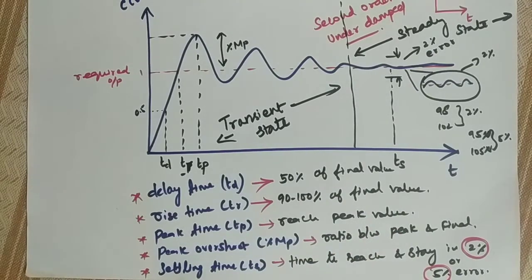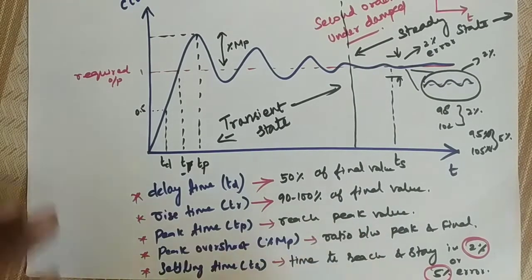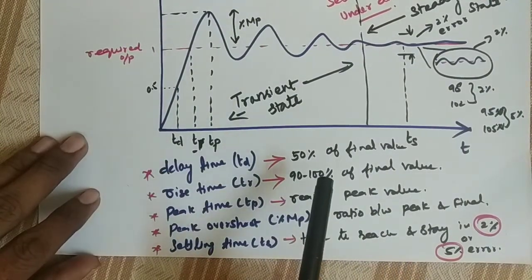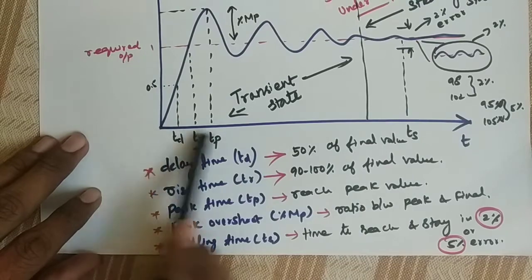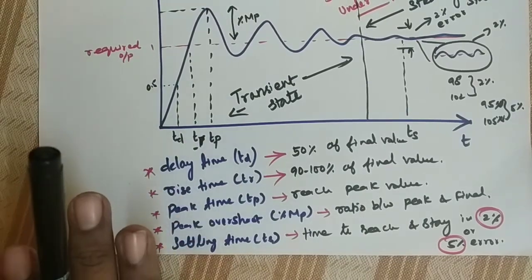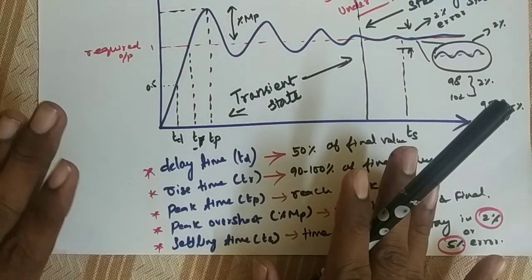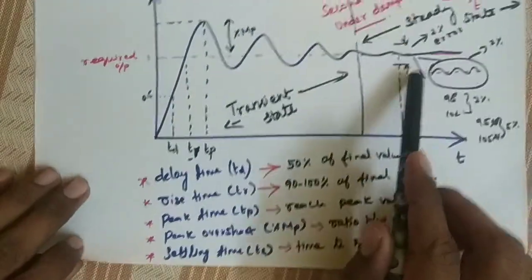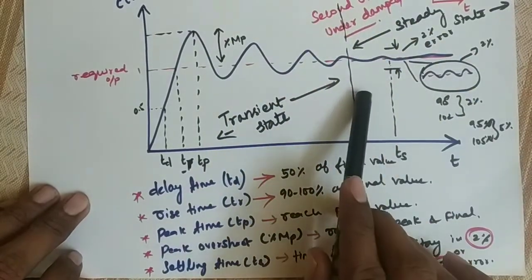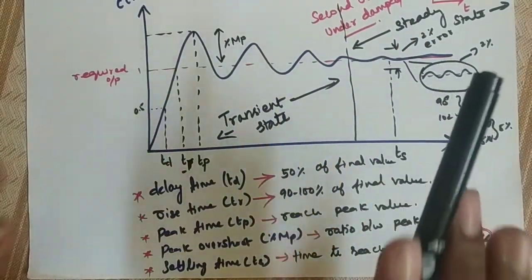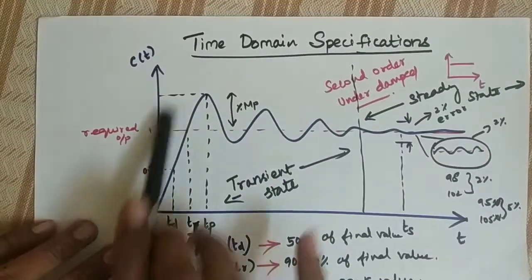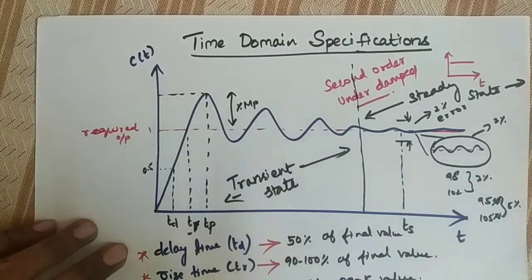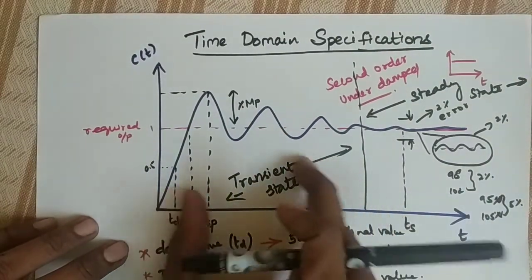After measuring the parameters, you have to design your closed loop system to reduce these parameters, because we absolutely do not need this transient response. We directly need the steady state response, but only after some transient response is it possible to get it. So our objective is to reduce this response.